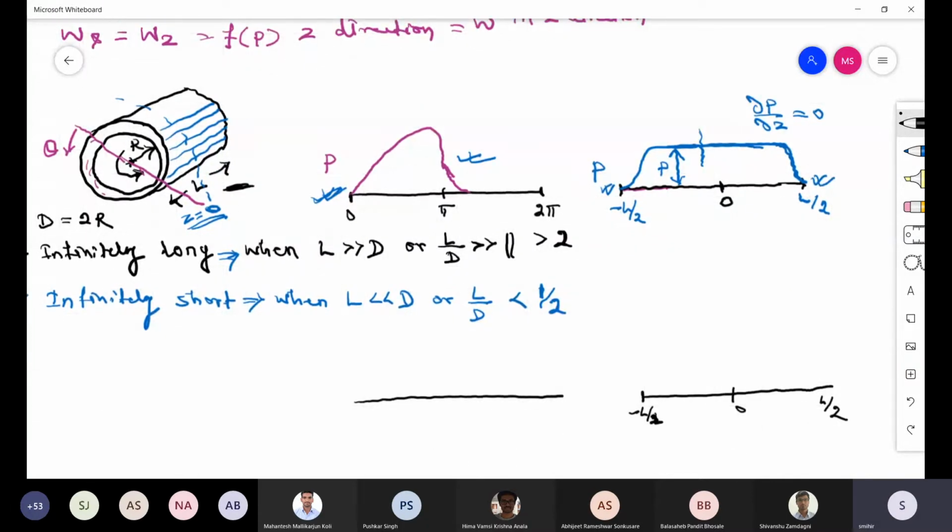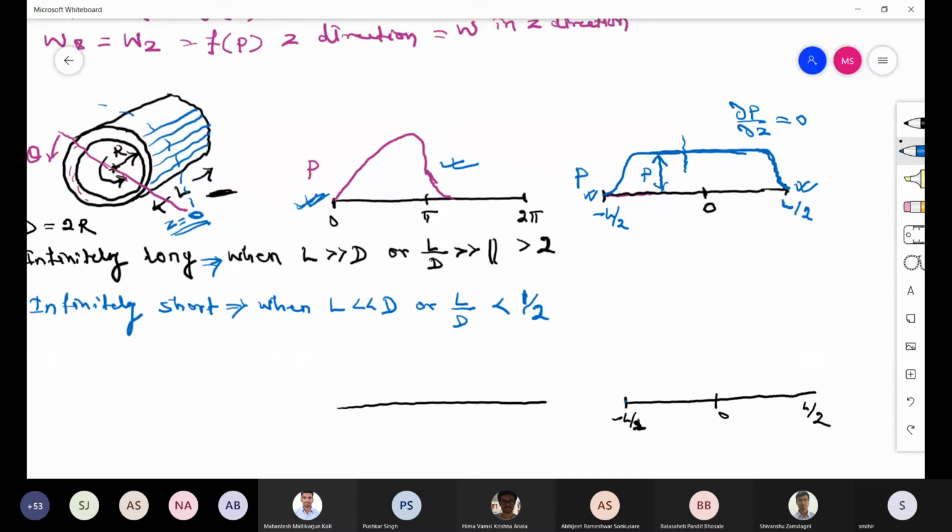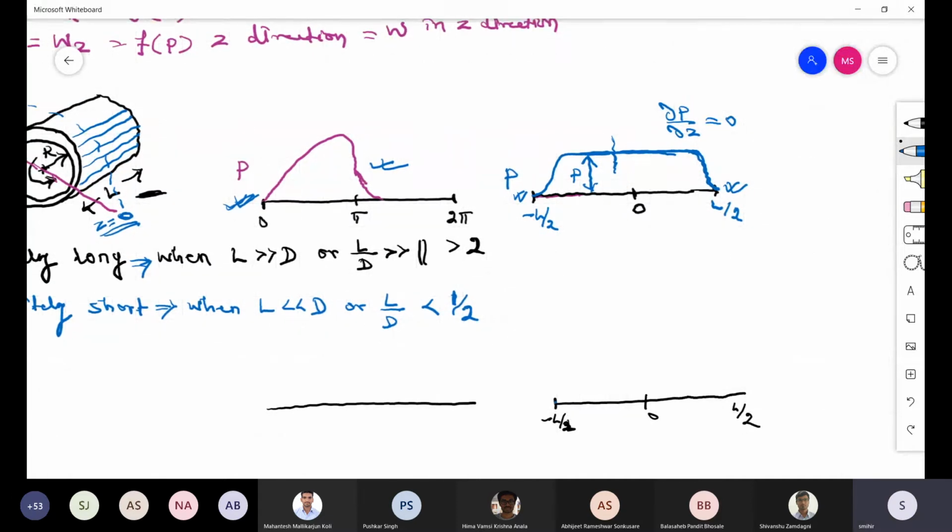So if that is so, then in case of infinitely short, let me draw this length to be small. Okay, it is infinitely short, so that's why just let me draw this much. Minus L/2, L/2.